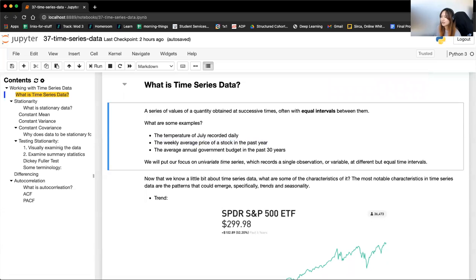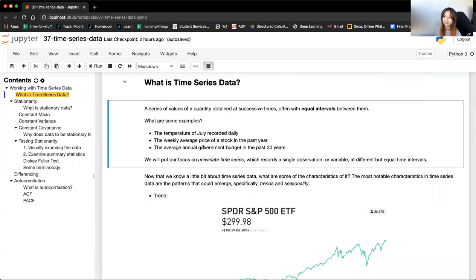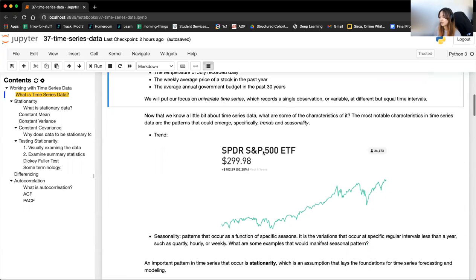All right, so now that we know a little bit about time series data, what are some characteristics of time series data? What are some of the things that you have to look out for before you even start modeling your data? The main data patterns we're going to look out for are two: trends and seasonality. With trends, it's basically what you observe. Is there an upward, downward, or flat trend?